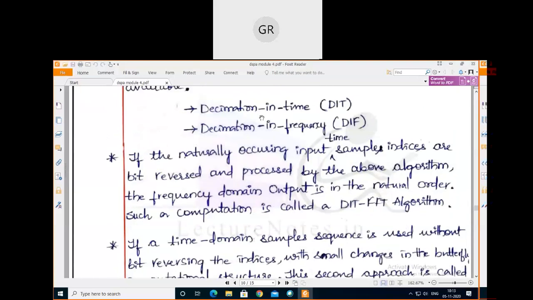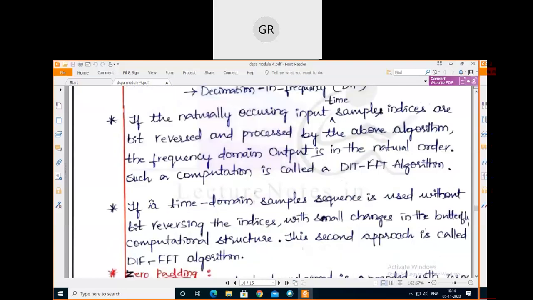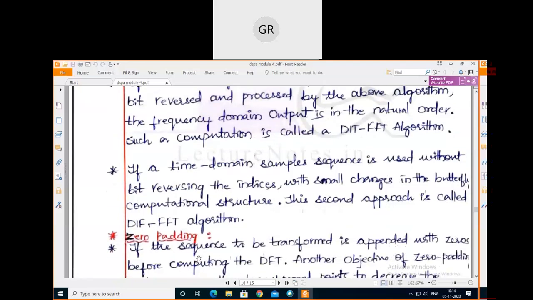Okay, in decimation in time, time domain sequences or input sequences are in bit reverse order and outputs are in natural order: 0, 1, 2, 3, 4, 5, 6 and so on. If a time domain sample sequence is used without bit reversing the indices, okay, with small changes in the butterfly computation structure, this second approach is called a DIF-FFT algorithm.